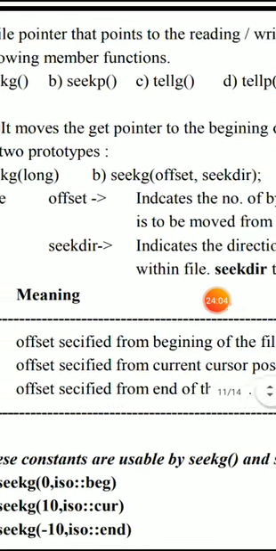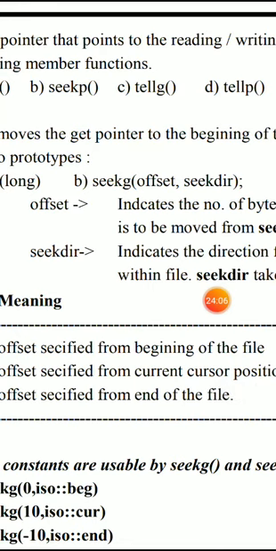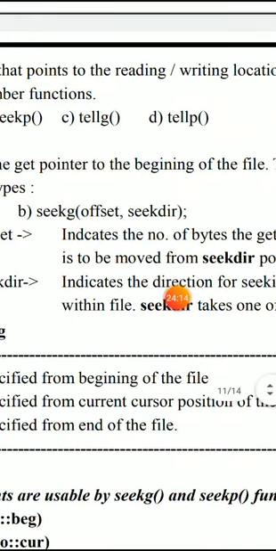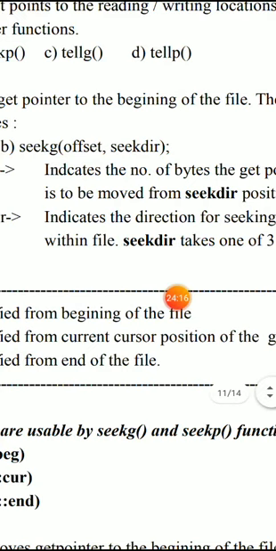Again, the same function can be used with two parameters, one called offset, another called seek directory. Here the offset indicates the number of bytes the get pointer is to be moved from the seek directory position. That means you can move the get pointer during reading operation randomly to a particular location.